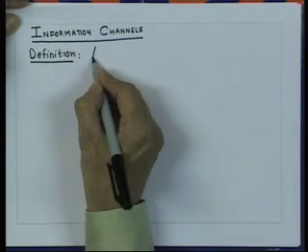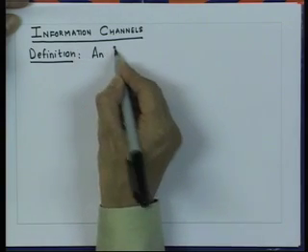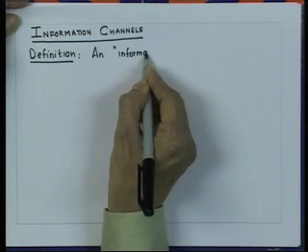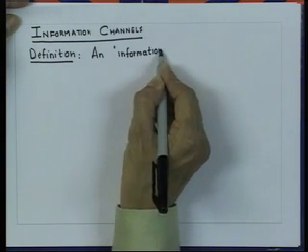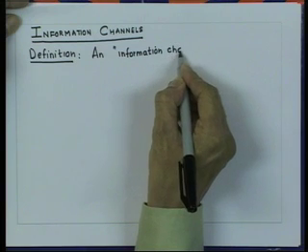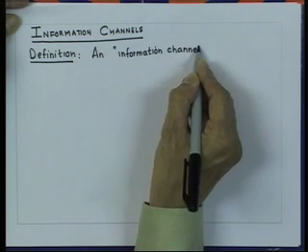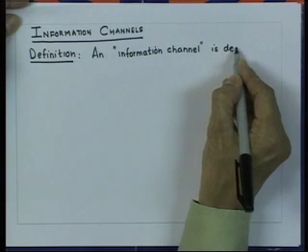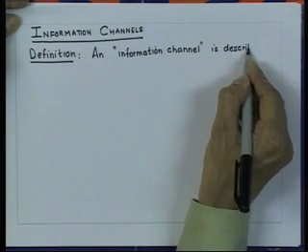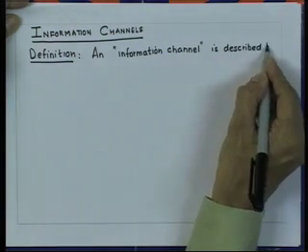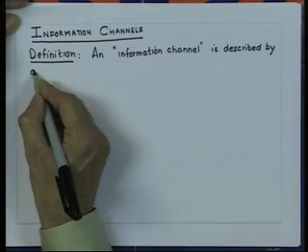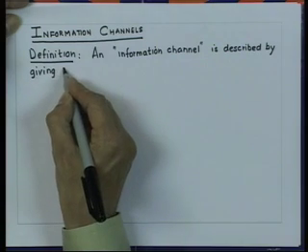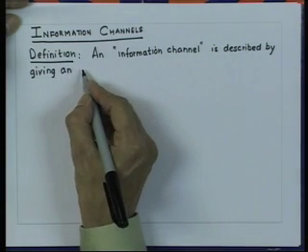An information channel is described by giving an input alphabet.